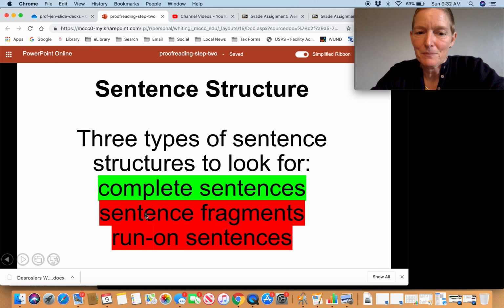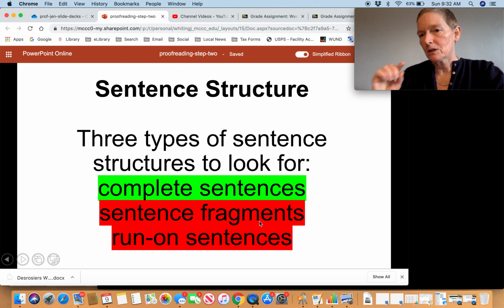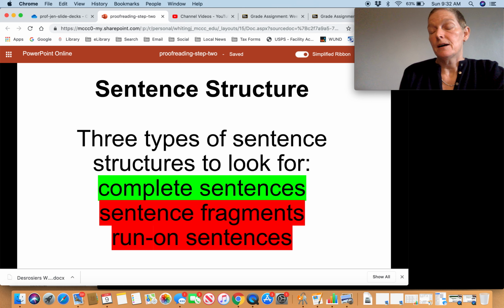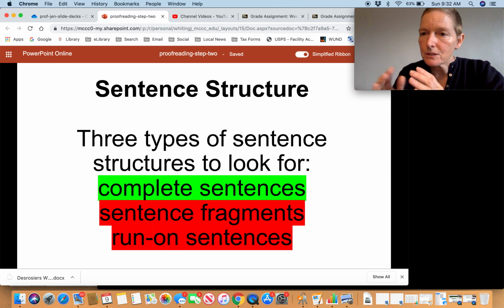You'll see in a minute. You want to avoid and correct sentence fragments. So you're going to be reading through your paper looking for sentence fragments. I'll give you some examples in a minute. And you want to look for run-on sentences because those are really tiring to the reader. They need to be corrected and shortened, usually chopped into 2 or 3 or more sentences.